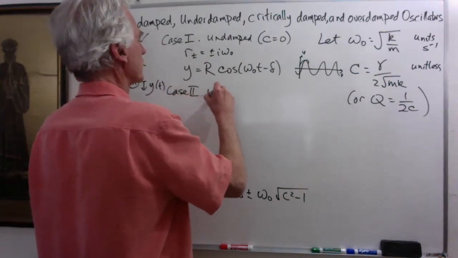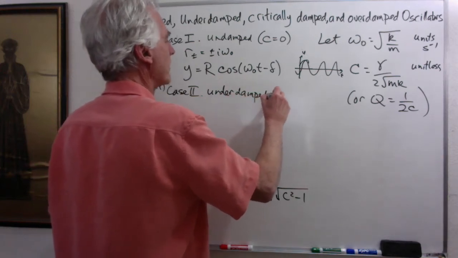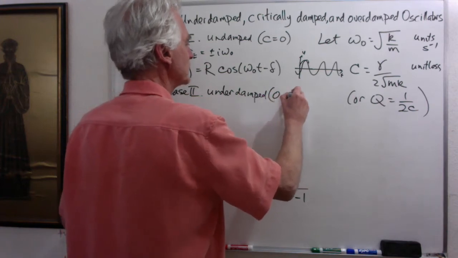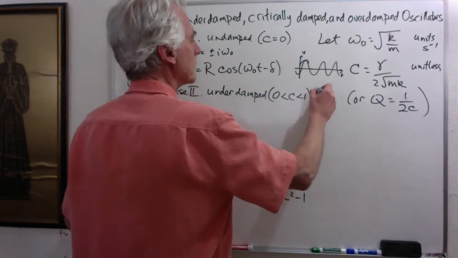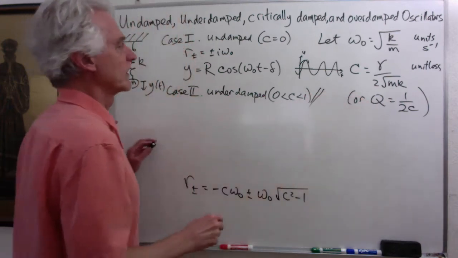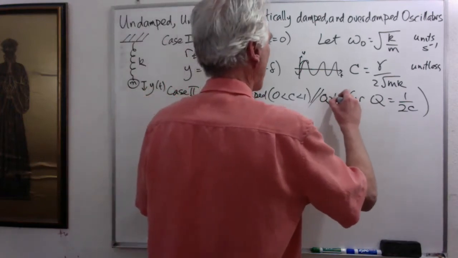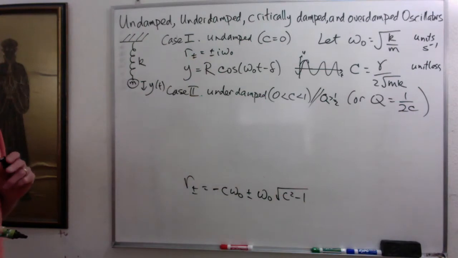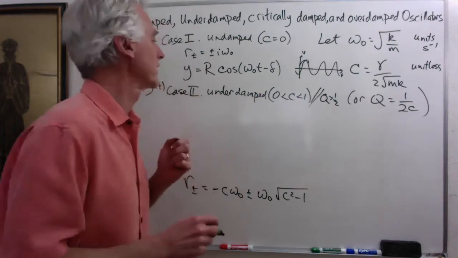So case 2 is underdamped. This is 0 less than c less than 1, or using q, that's q greater than a half. And as I say, sometimes q can be millions and c is really small, but okay.